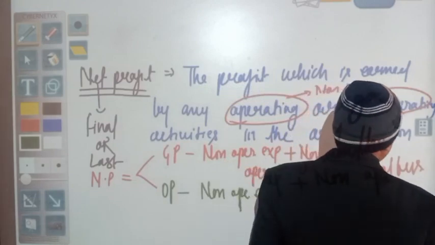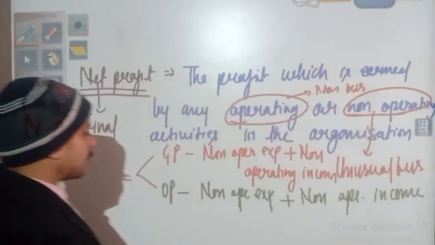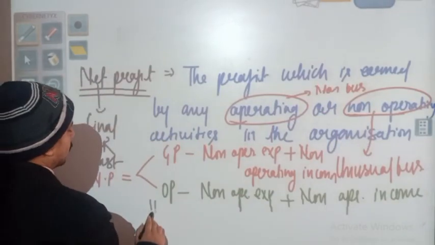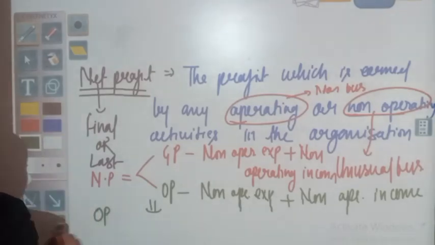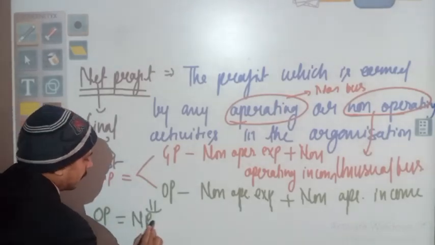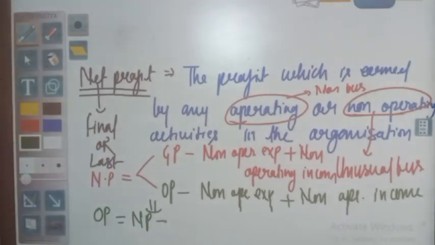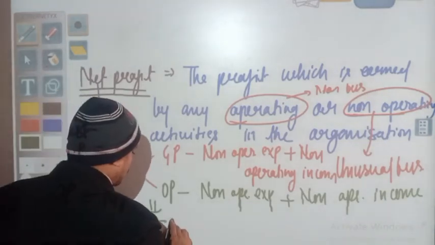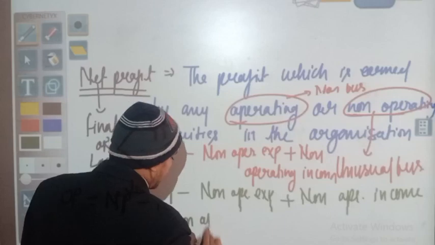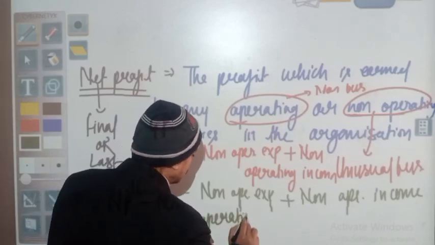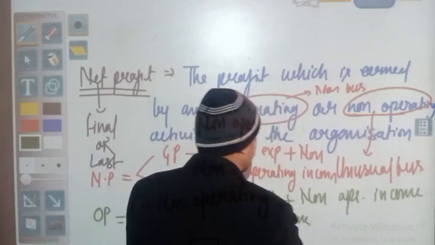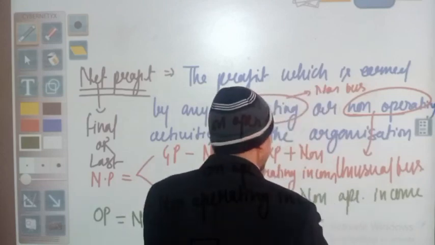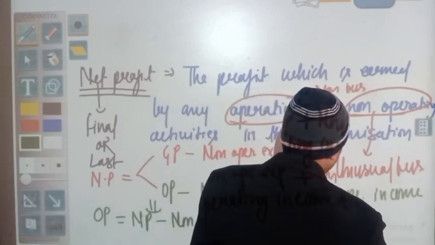So therefore, another formula could be derived here for operating profit. Operating profit could be calculated as net profit minus non-operating income, and ultimately adding the non-operating expense.